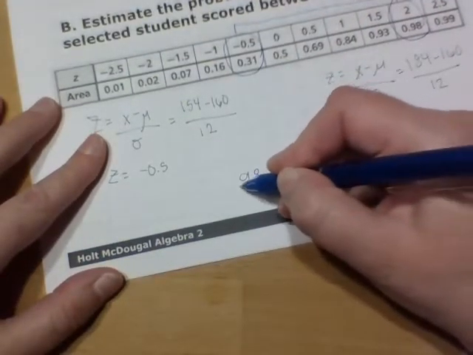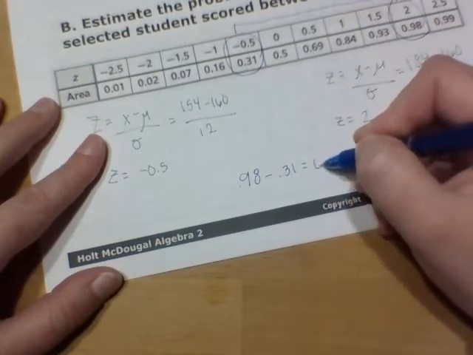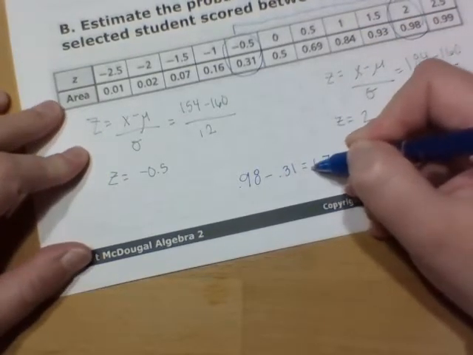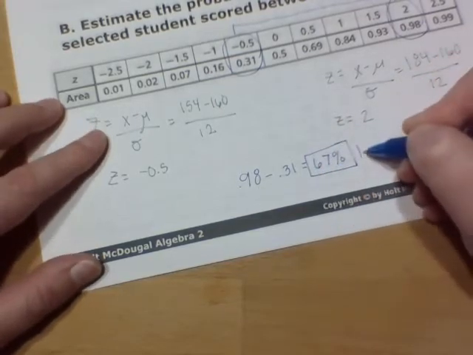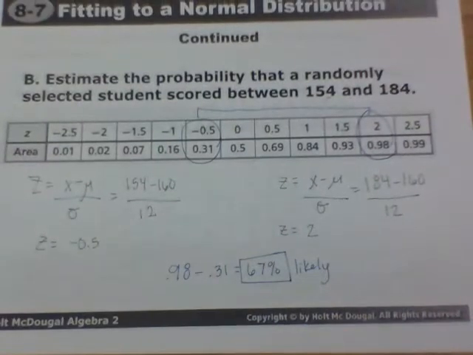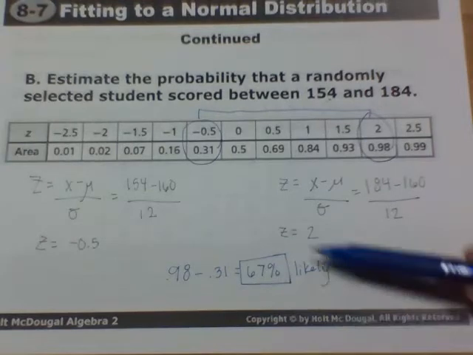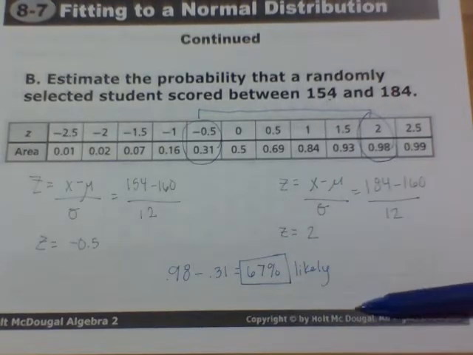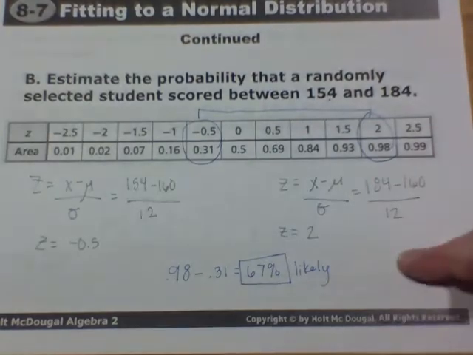So 98 minus 31 gives us the likelihood of 67, or 67%. All right. So again, that means that 67% of the area of that normal curve is being filled in to score between 154 and 184.